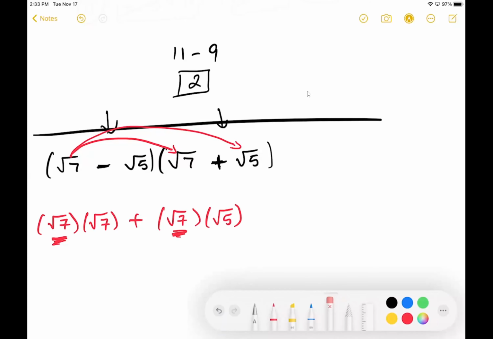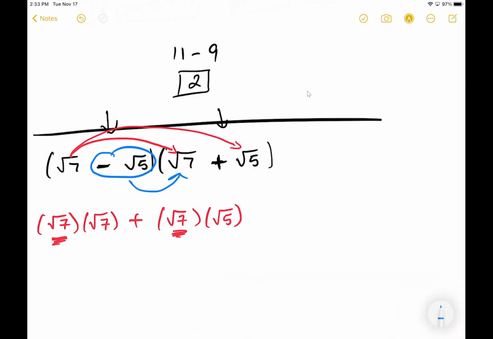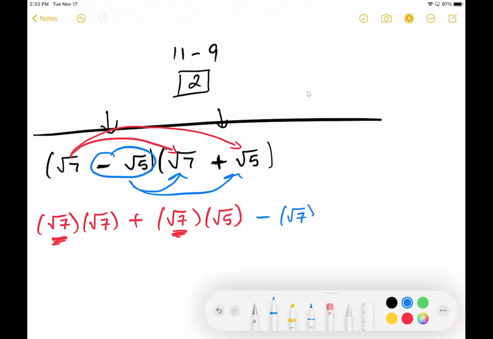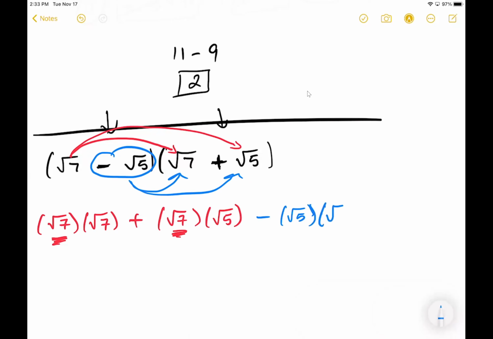Let me do my blue ink. In blue, I have a negative square root of 5 times this and times that. So a negative square root of 5 times square root of 7, and negative square root of 5 times square root of 5.